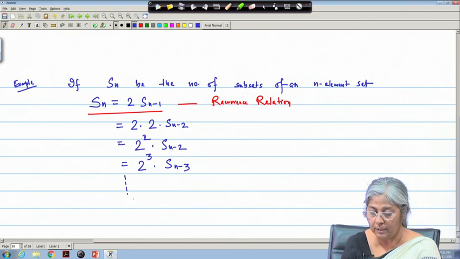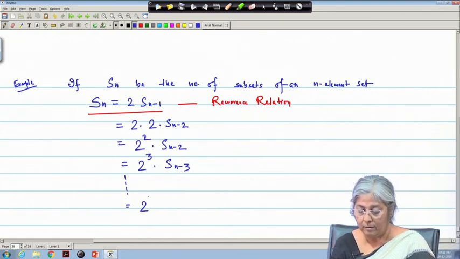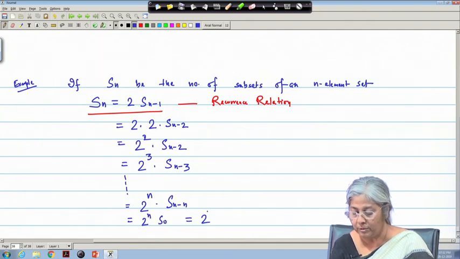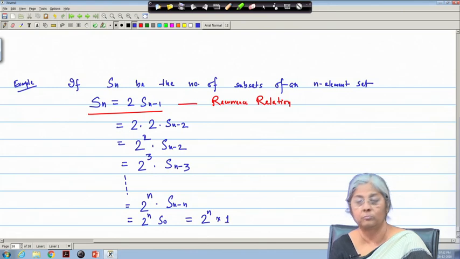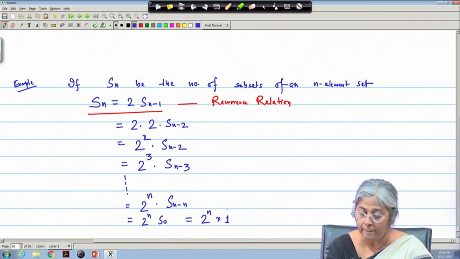In this way I can apply, this is 2 to the power n S_{n-n} equal to 2 to the power n S_0, which is 2 to the power n into 1, because S_0 means the empty set, which has only one subset, the set itself.